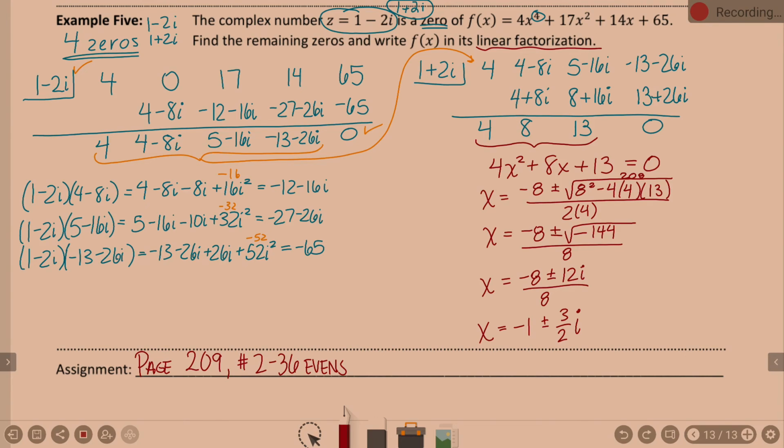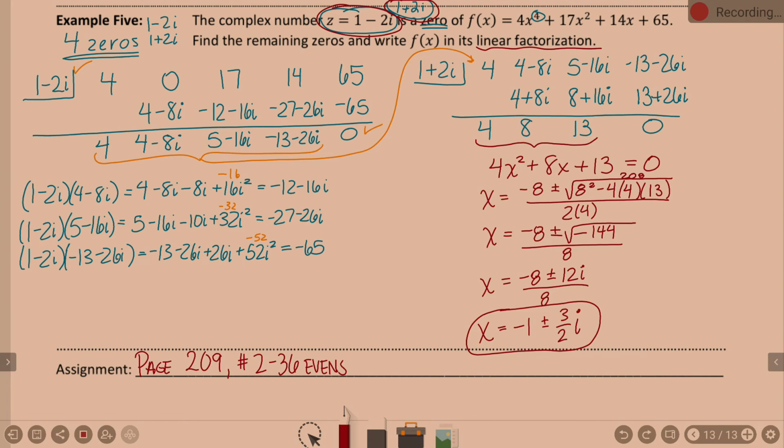Both divide by 4 if you go for the largest. Or if you take the long way, 6 over 4 and then 3 over 2, however you get there. So negative 1 plus or minus 3 halves i. Okay, guys. We got those 2. We have the one we were given, and we have its conjugate.